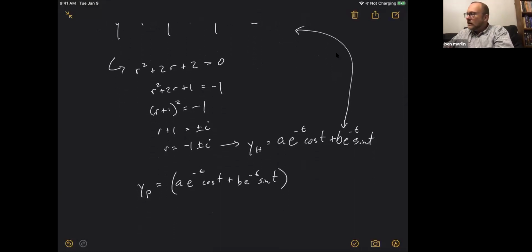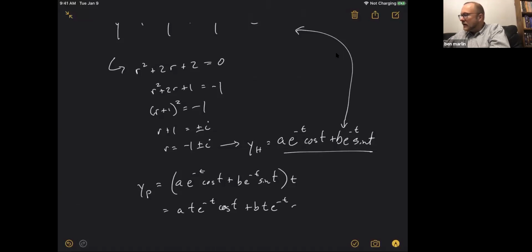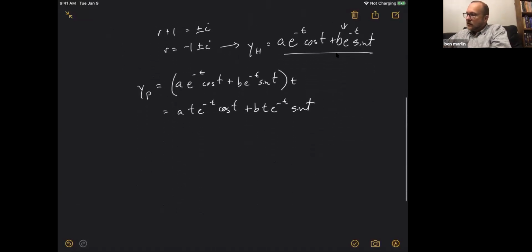However, if we multiply it by a t, because we have the multiplicity of 1 of each of those roots there, then we should be able to get at e^(-t) cos t + bt e^(-t) sin t. Okay, that looks pretty messy. And things are only going to get worse because we're about to go y_p'.